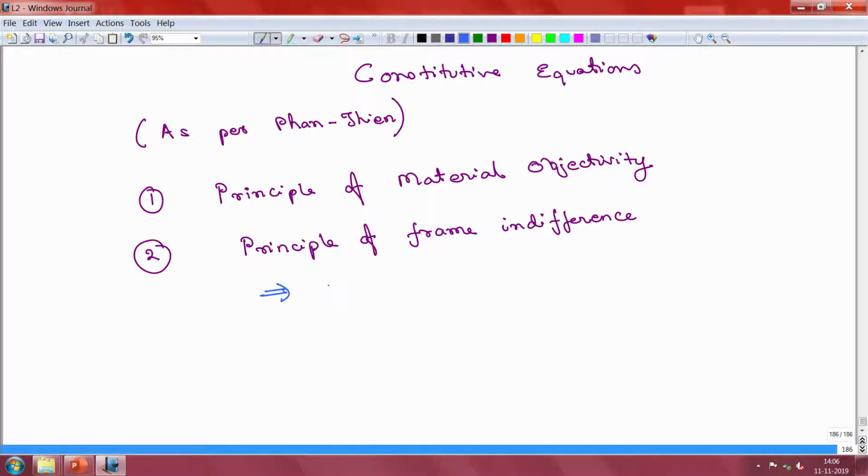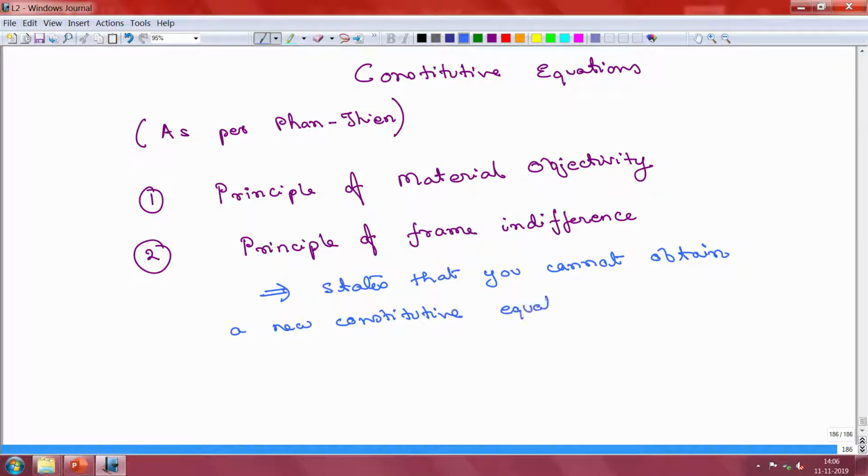So, this principle states that you cannot obtain a new constitutive equation when there is a change in the frame of reference.